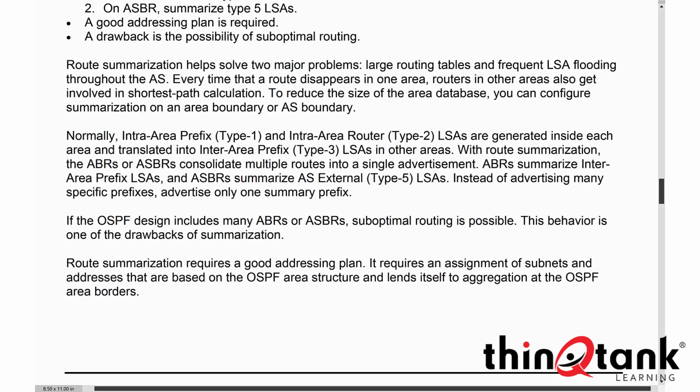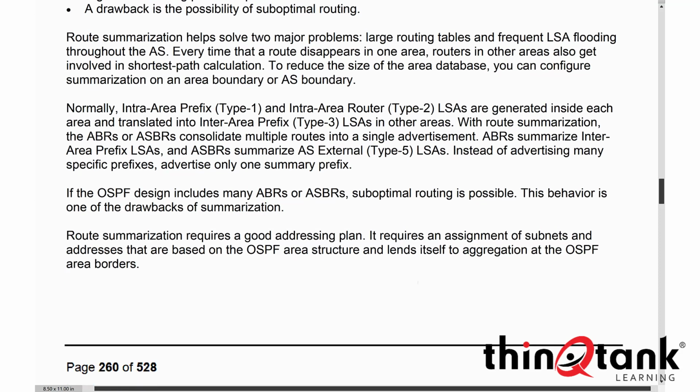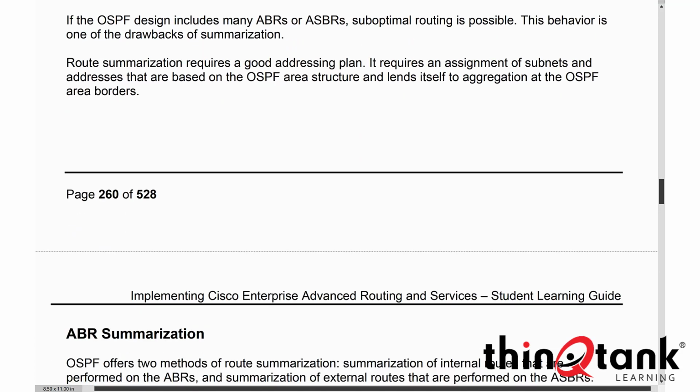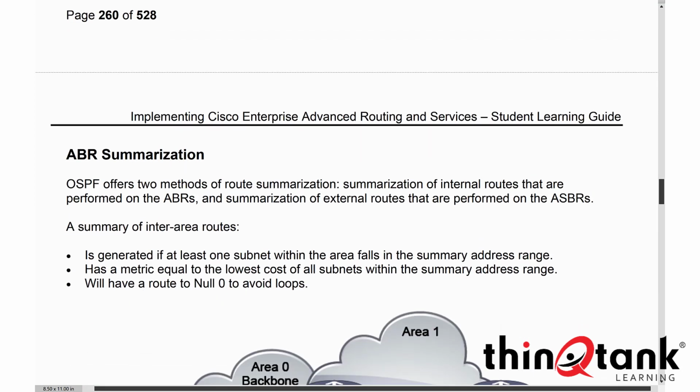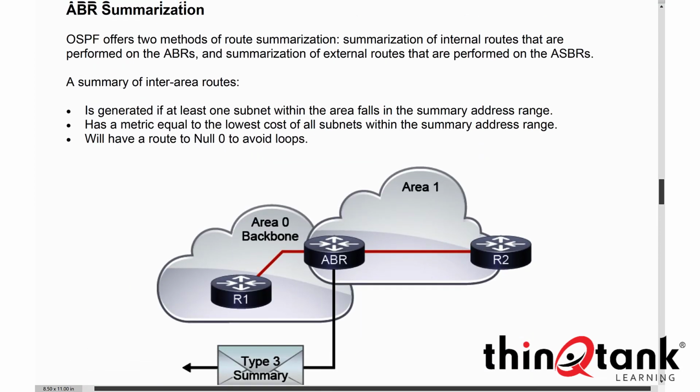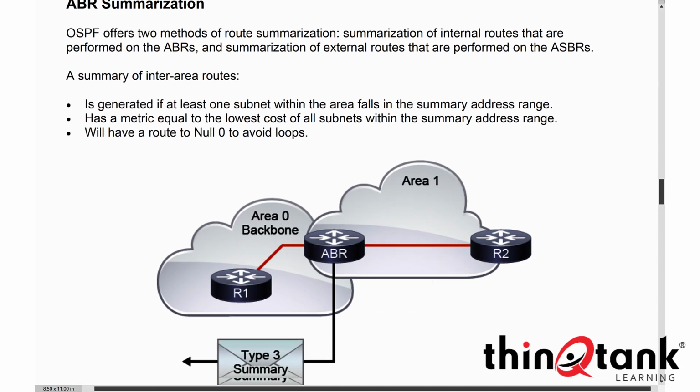You may still have ASBRs, and of course, you'll always be able to do summaries on an ASBR, particularly with single area implementations, because you're going to be connecting that ASBR to area 0, which can never be a special area type. So you'll be able to do summarization on that router, but you're not going to be able to do summarization on any ABRs because you simply won't have them. So a lot of times we will design that spine and leaf topology to make sure that we have that capability of doing summarization. Okay?